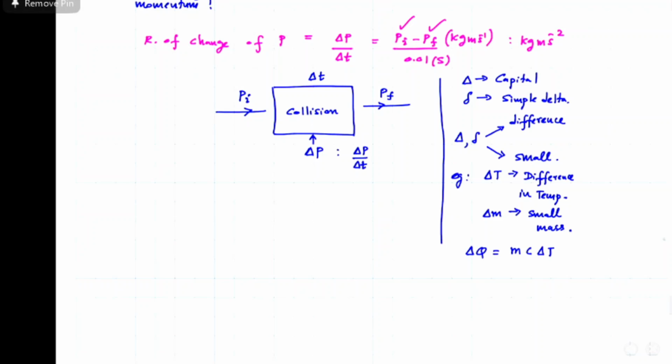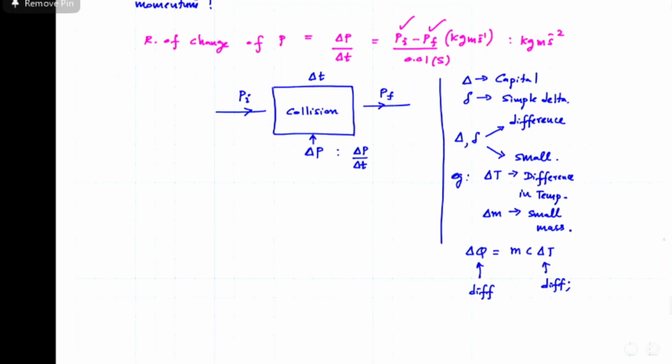Even in physics we did that, right? So here delta T means difference in temperature. This delta Q means again difference in heat, right? So you have to understand the context, then only you understand that, right? The difference between small and difference.